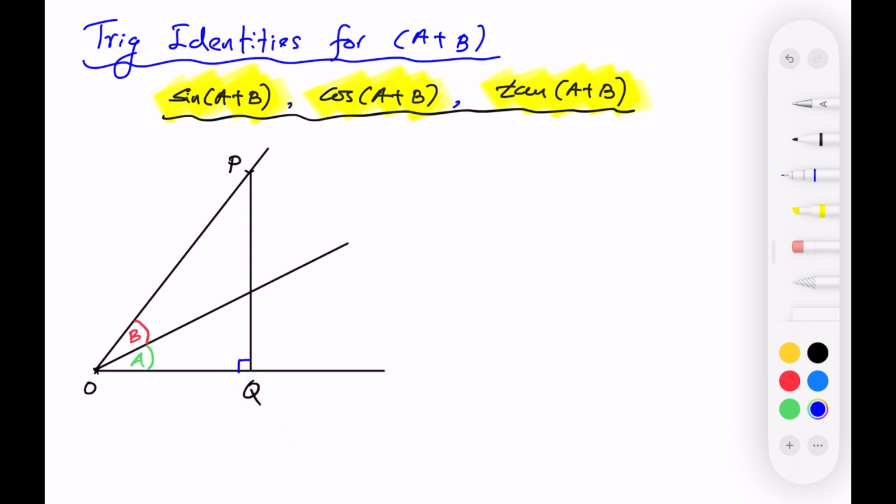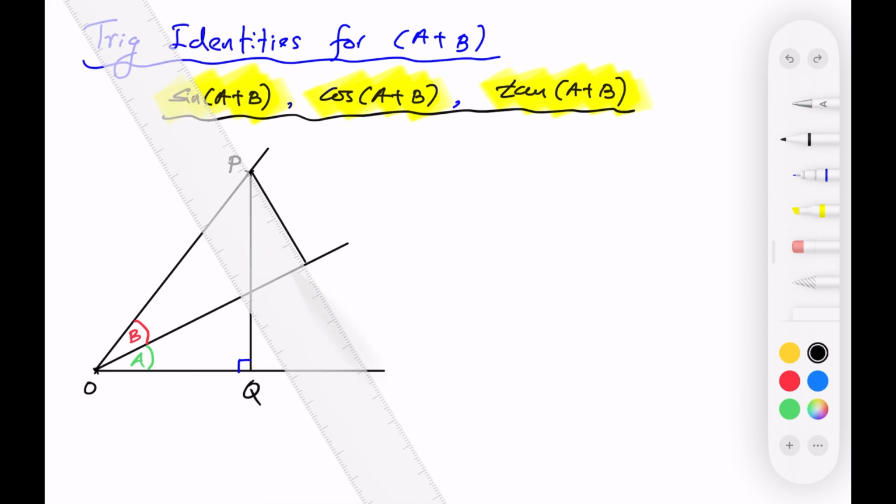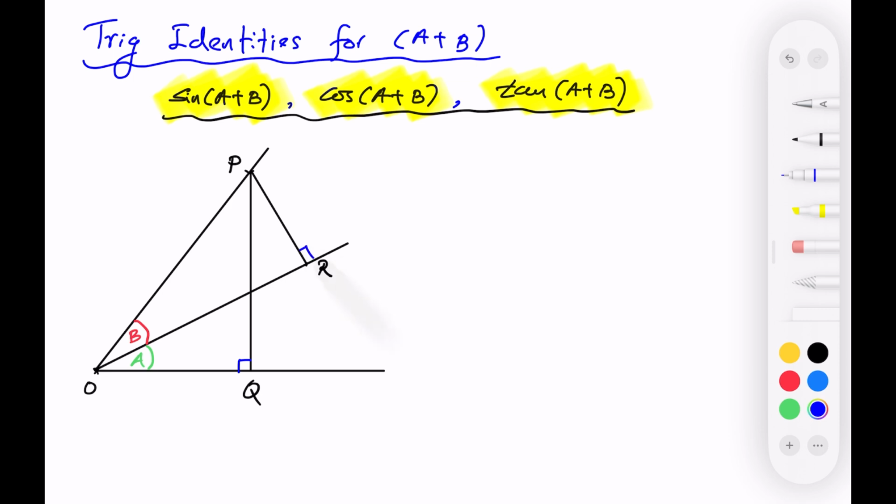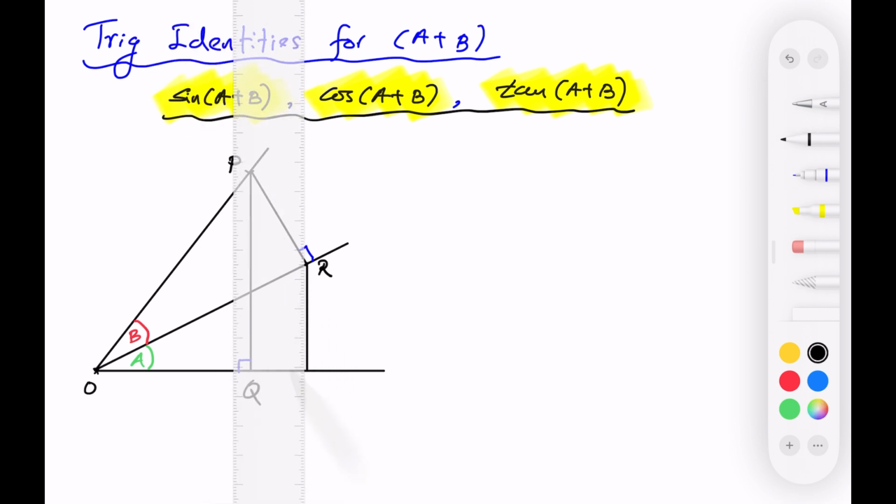I'm going to draw another perpendicular line from P until this straight line. So let me label this point as point R. This angle is 90 degrees. Once again, I'm going to draw another perpendicular line, this time from R. This is that perpendicular line. Let me label this point as point S. This angle is 90 degrees.